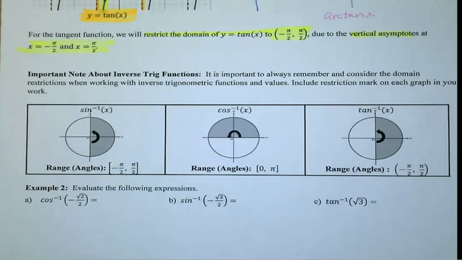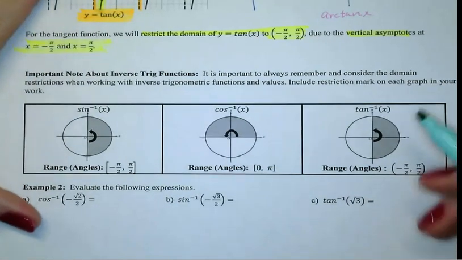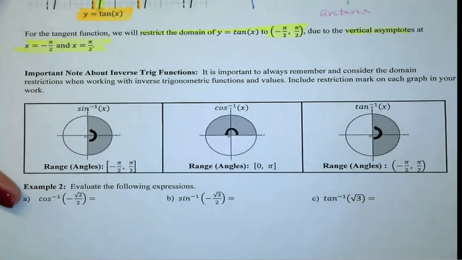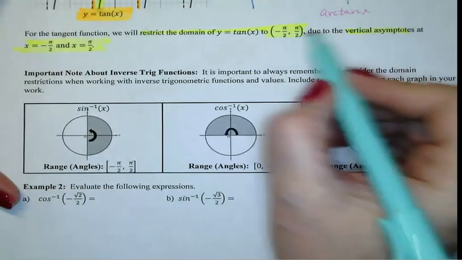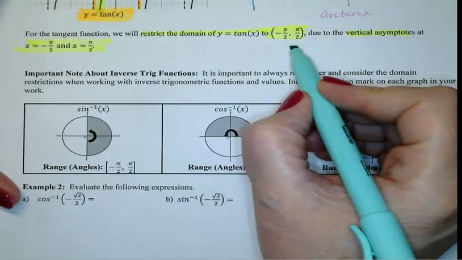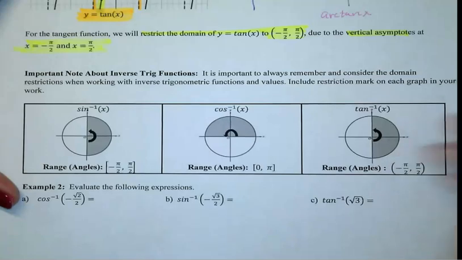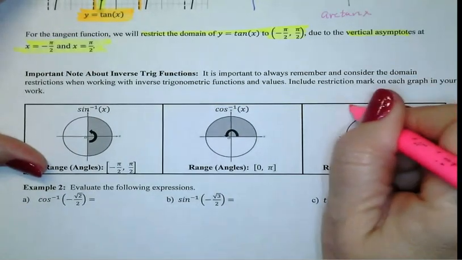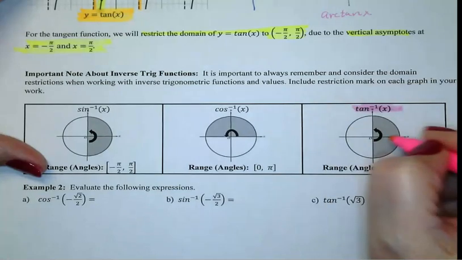So since a lot of the things that we do when we are working with our functions is actually on a unit circle where we'll have our angles that we're looking at, the same restrictions, for instance, this tangent, remember we said it was restricted negative pi over 2 to pi over 2. In the tangent graph down here, it's still restricted, but we have what we call a restriction mark.